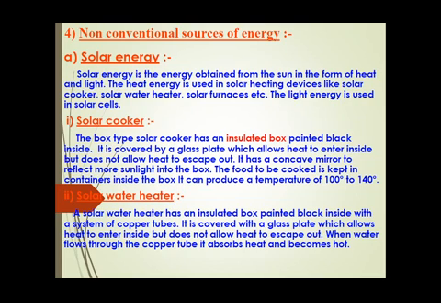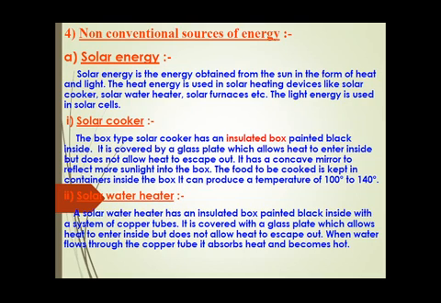So how is the solar cooker made up? Solar cooker is an insulated box which is painted black inside. It has an insulated box which is black in color from inside. It is covered with a glass plate. Why is it covered with a glass plate? This question comes in board examinations.